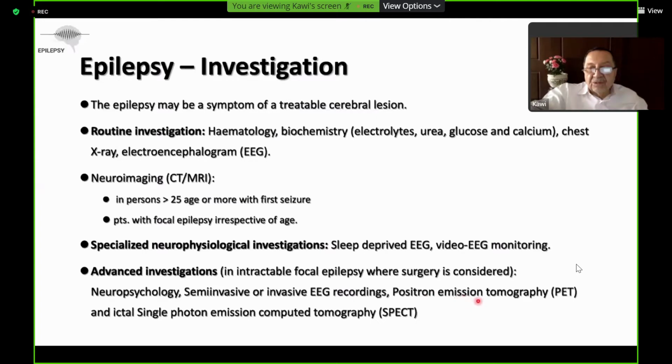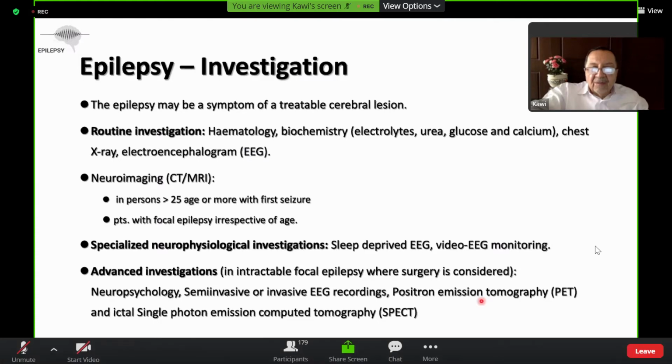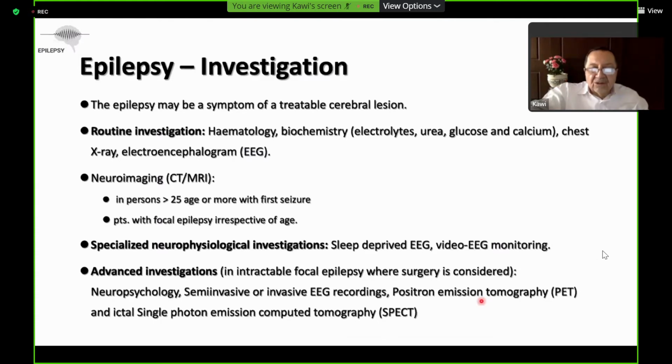Positron emission tomography is a metabolic test where we inject, for example, the most frequently used radio tracer is a glucose with a radio tracer that emits positrons. And then we measure the amount of consumption of this glucose or concentration of this positron emitting glucose in the cortex or in the brain cells.